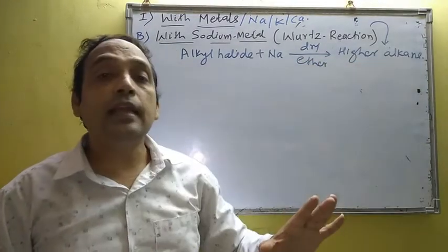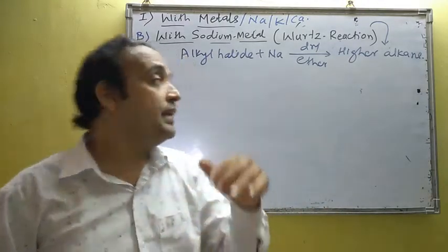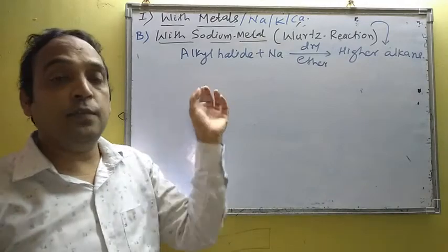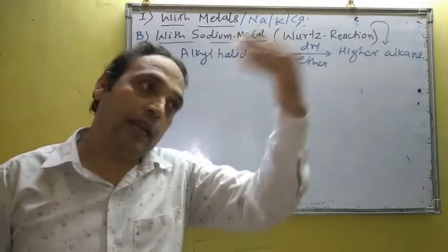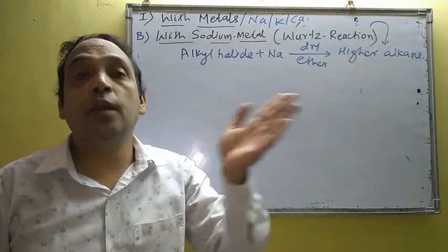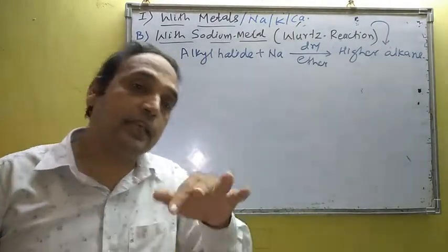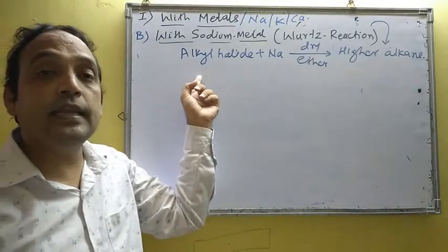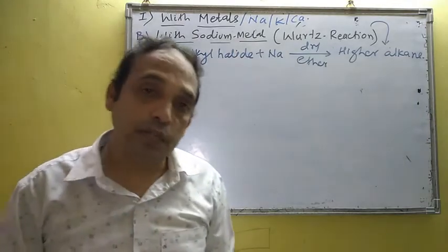Higher alkane means the number of carbon atoms gets double compared to the alkyl halide. The number of carbon atoms in the product is double the number of carbon atoms present in the alkyl halide, and this reaction is known as the Wurtz reaction.